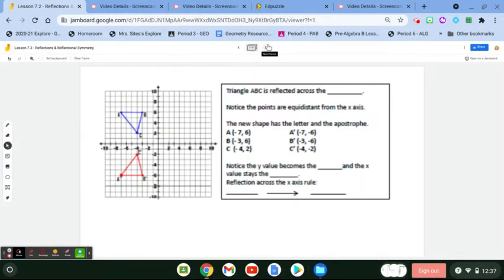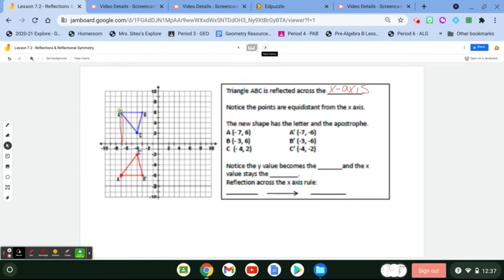Whenever we have a reflection across the x-axis, our rules are going to change up a little bit and be the opposite. Again, notice that all of your points are equidistant from the x-axis. If I counted from point A to the x-axis, it's 6 units.